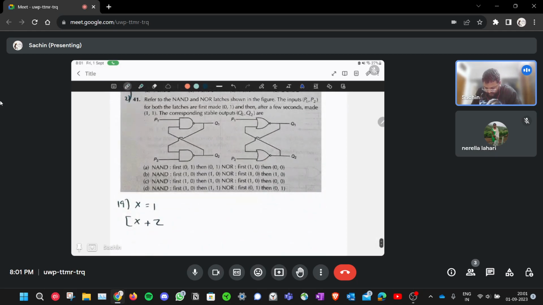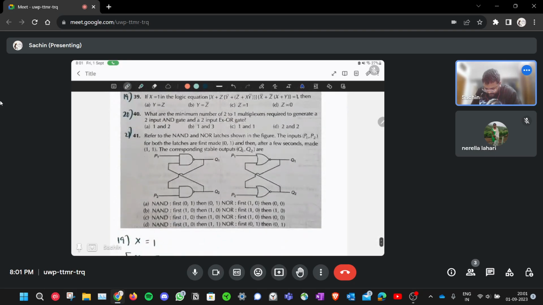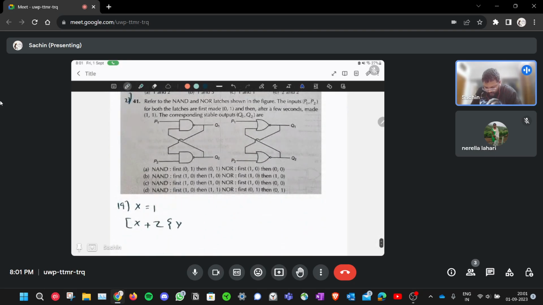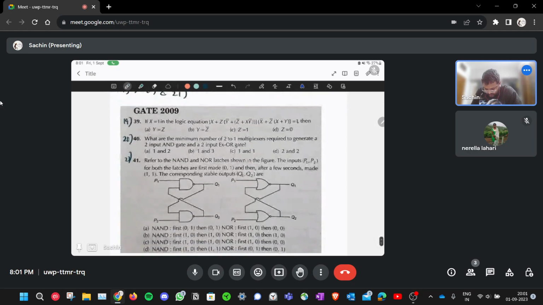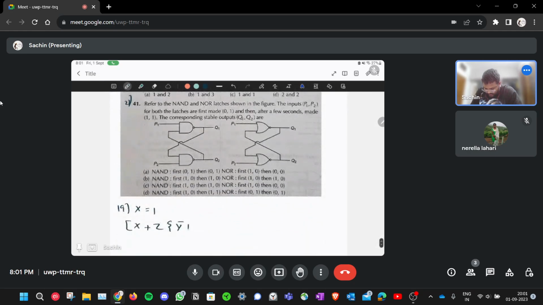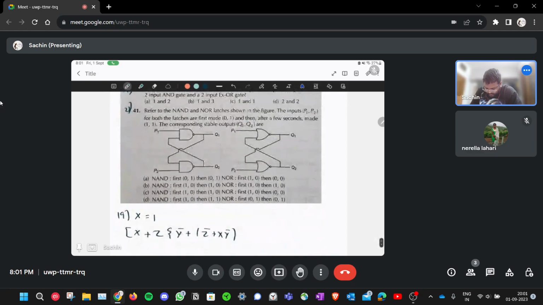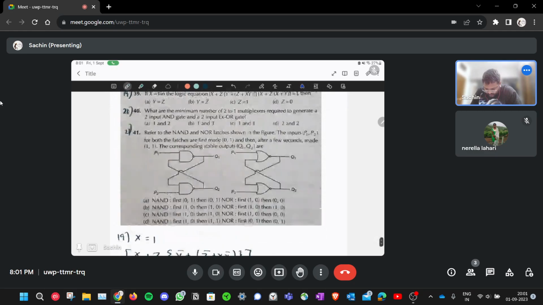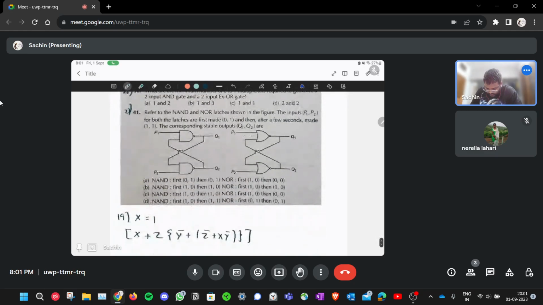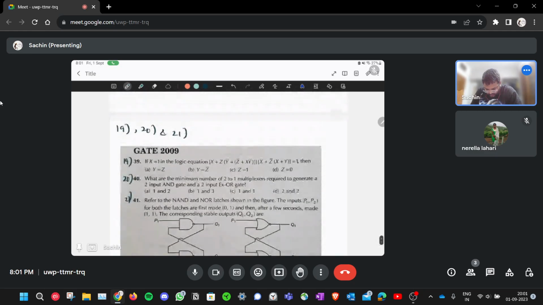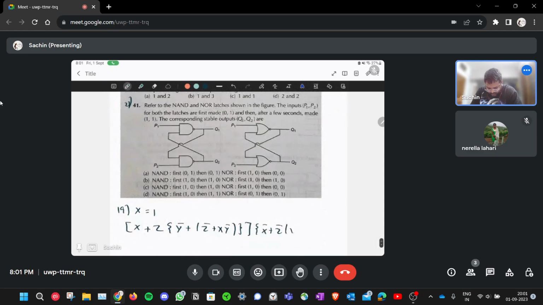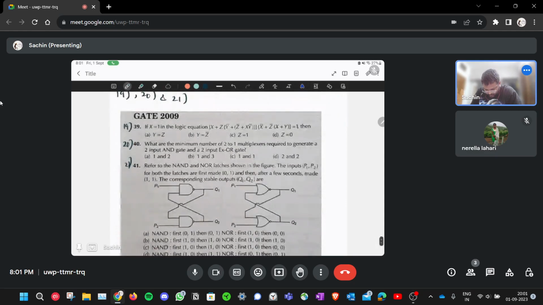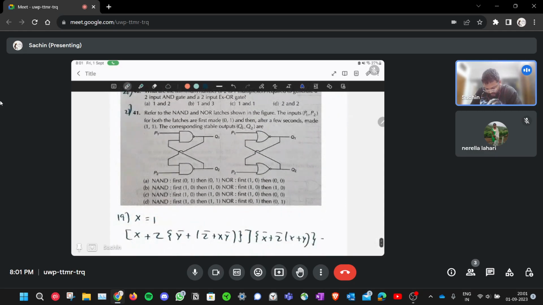Condition x plus z into y bar plus z bar plus xy bar into x bar plus z bar into x plus y is equal to 1.